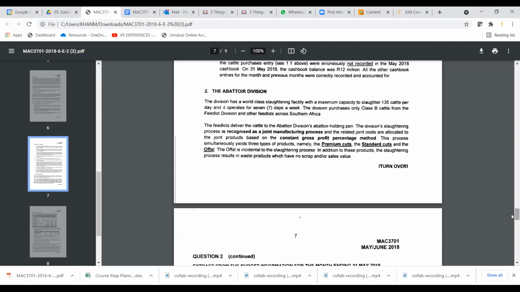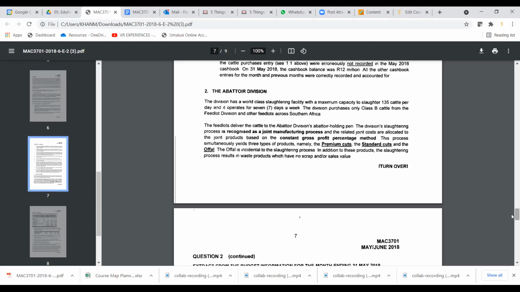They say the division has a world-class slaughtering facility with a maximum capacity to slaughter 135 cattle per day, and it operates for 7 days a week. The division purchases only Class B cattle from the feedlot division and other feedlots across Southern Africa. Okay, so it buys from internal as well as external.